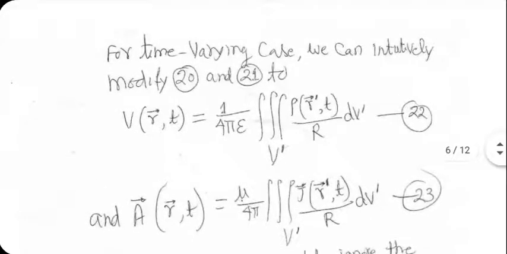One reality missed in these formulas is that any time-related changes in rho and J will be reflected in V and A not instantaneously, but after a certain time interval, because there is a finite speed of propagation with which waves propagate.